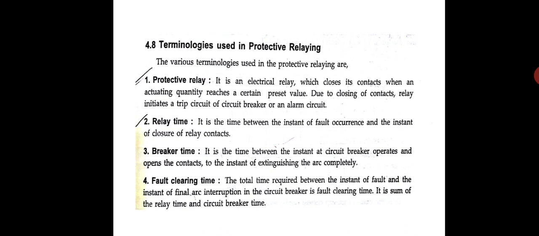In this air gap a spark will appear between these two contacts. When this spark gets completely extinguished, completely cleared, the time from the circuit breaker operating instant to that point is called the breaker time.